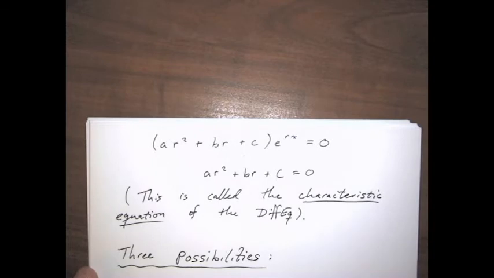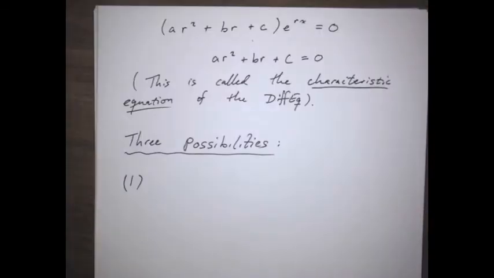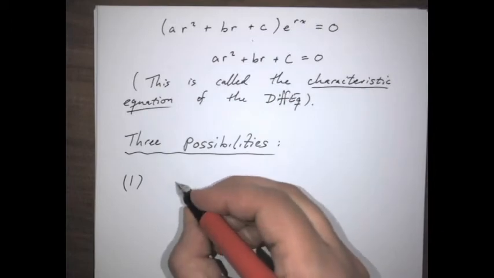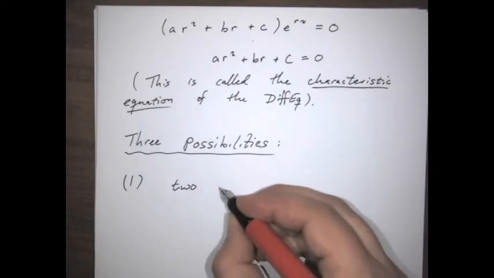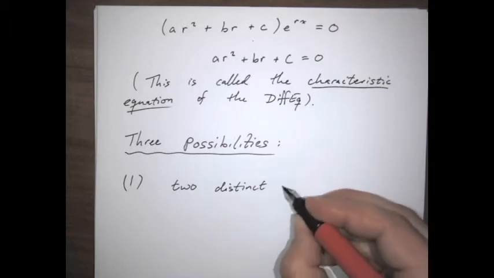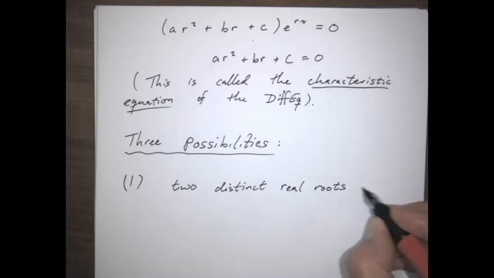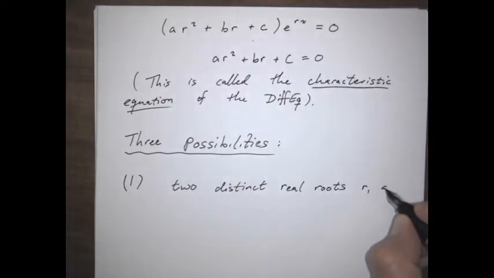Possibility 1. We can have two distinct real roots, r1 and r2.